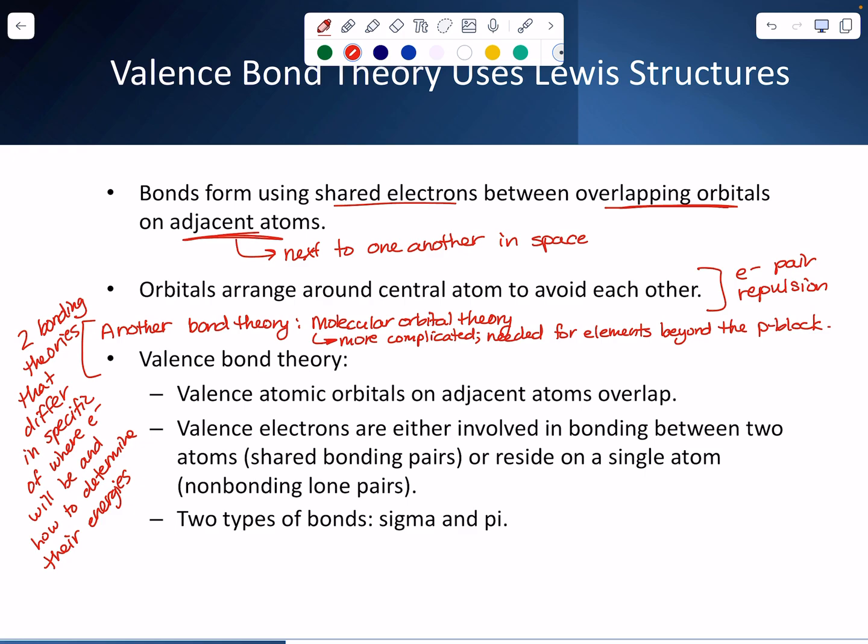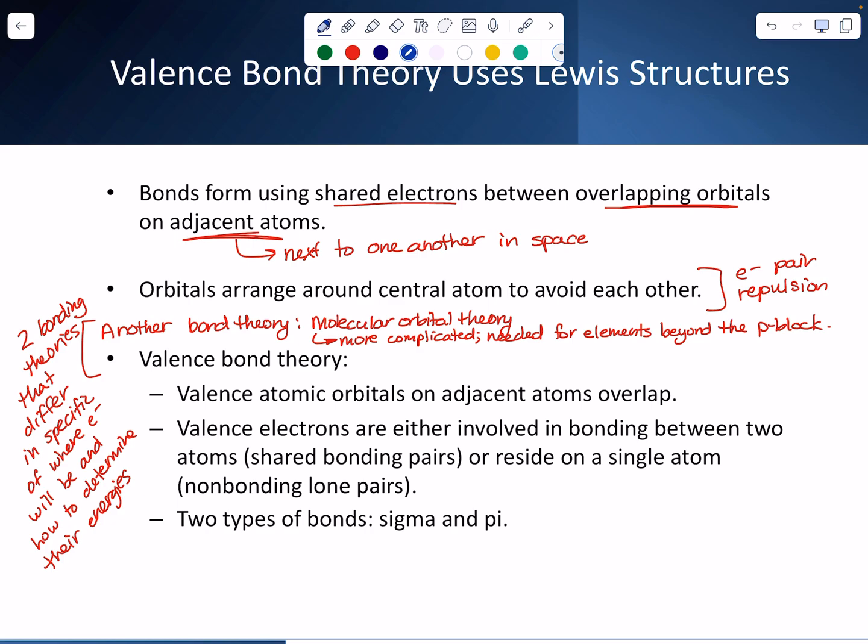All right, so what is valence bond theory? First of all, any bonding theory is going to acknowledge the fact that the bonding electrons achieve a lower energy configuration when the bond is formed. And remember, one of our rules of the universe is molecular systems like to be at their lowest possible energy.